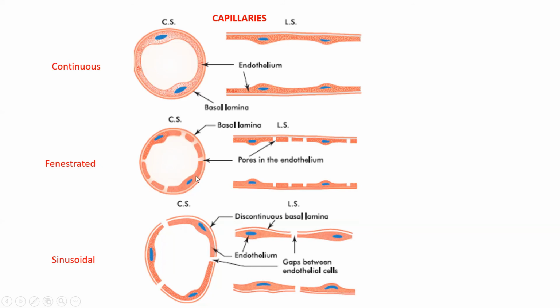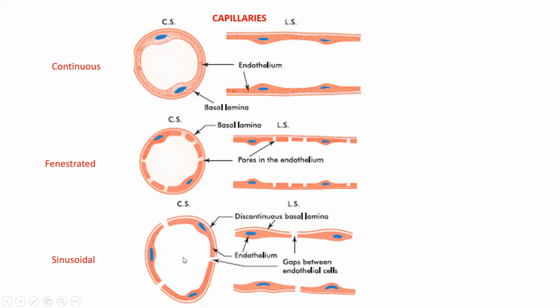In fenestrated capillaries, the endothelium shows pores or fenestrae. Permeability is more in the fenestrated capillary than the continuous capillary. The fenestrated capillaries are seen in kidney, endocrine glands, intestinal villi, etc.